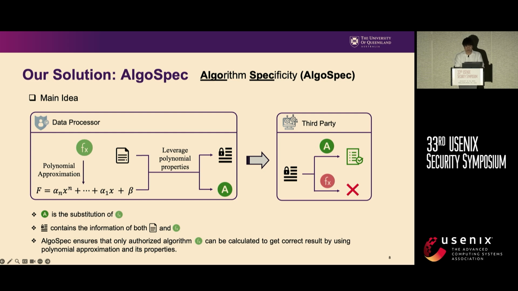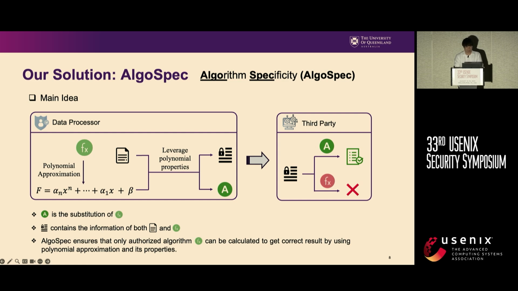This calculation rule acts as a substitute for the original algorithm, and the obscure list contains the information from both the original data and the algorithm. The obscure list and the calculation rule then will be sent to the third party. And when the third party applies the calculation rule to the obscure list, the correct result representing the original algorithm will be obtained.